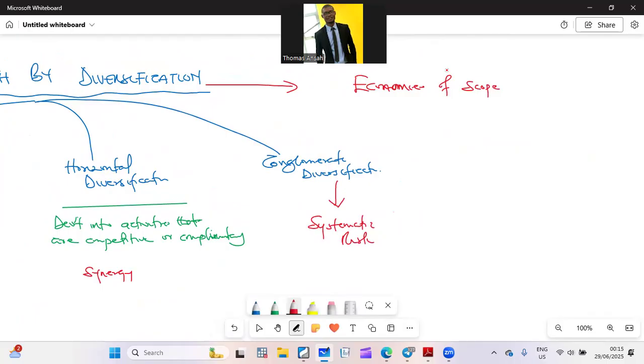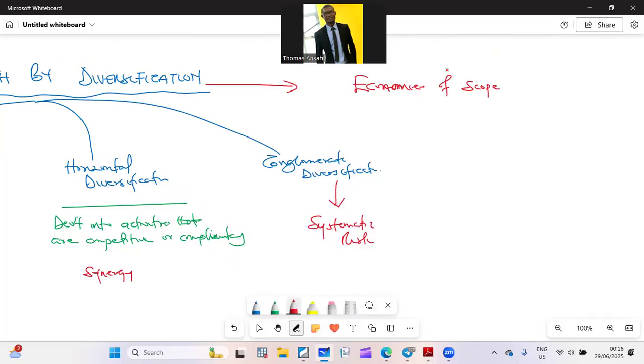Say you buy those who make Carnation milk, and you own the entire thing. You can use that opportunity to get synergistic gains through economies of scale. You reduce your fixed costs, because fixed costs are fixed no matter how much you produce, so it helps you manage them.